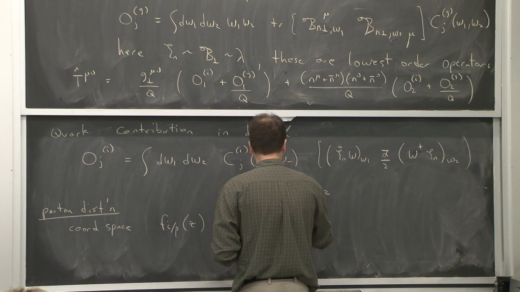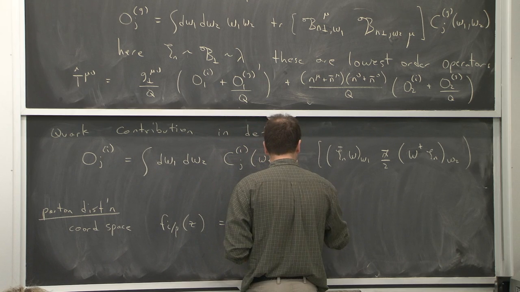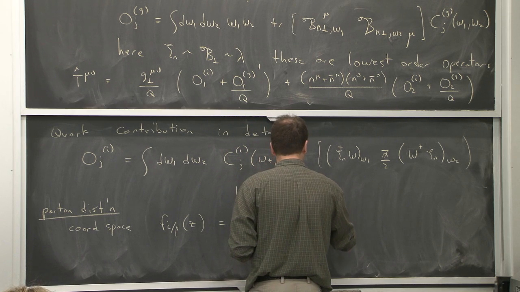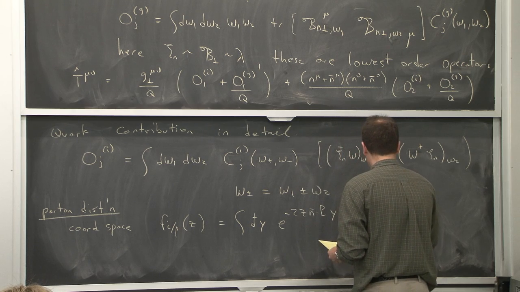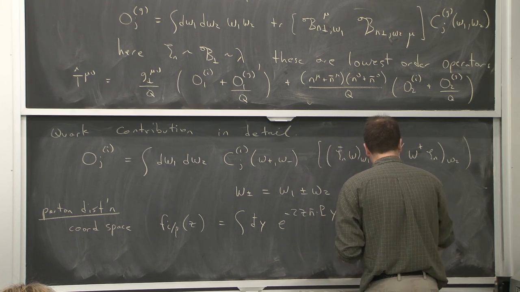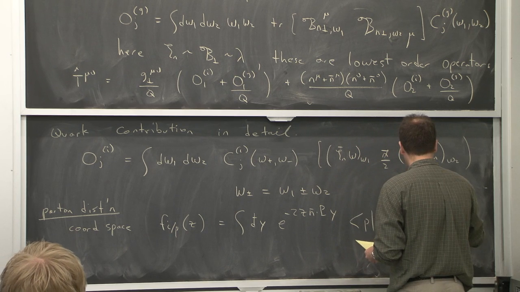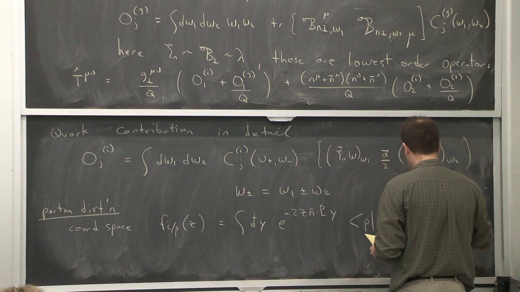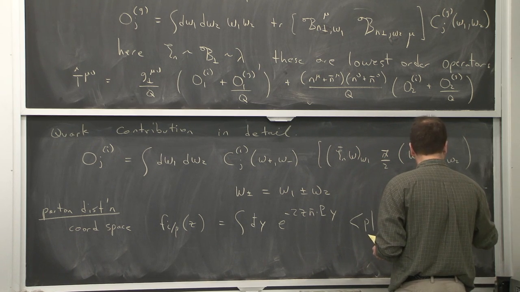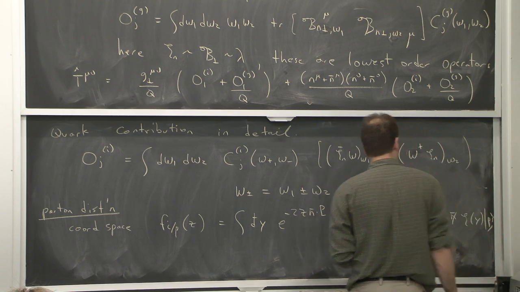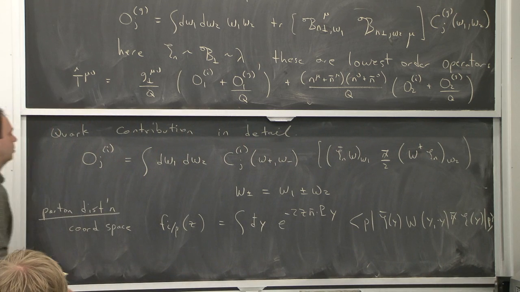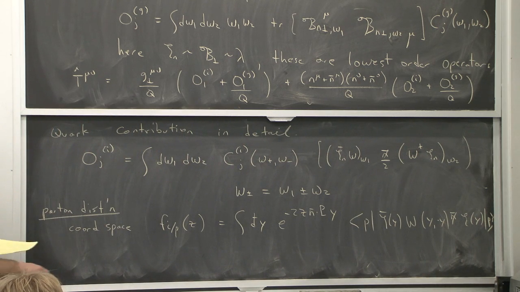Then you could define the parton distribution function as a proton matrix element of quark fields with a Wilson line between them. So they're on the light cone. And we have a formula like that.